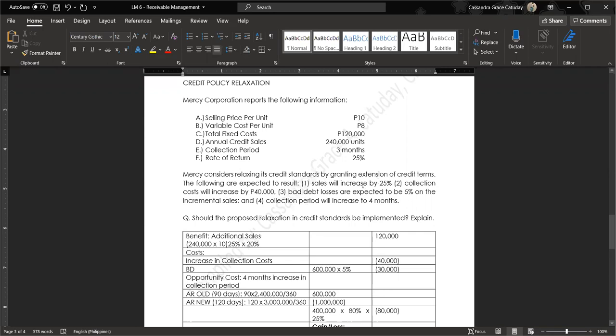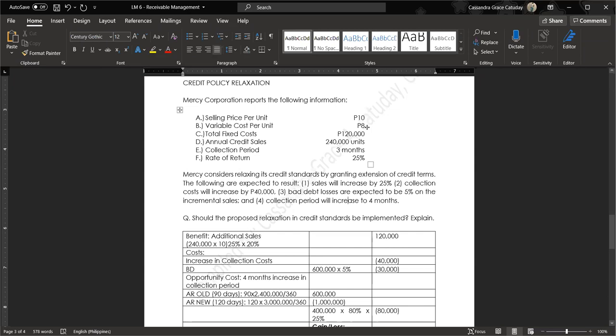But what we are after here is the profit that we will gain. So we multiply again by 20%. Where did we get the 20%? You can see above, the selling price per unit is 10. Variable cost per unit is 8. 10 minus 8, we have 2.